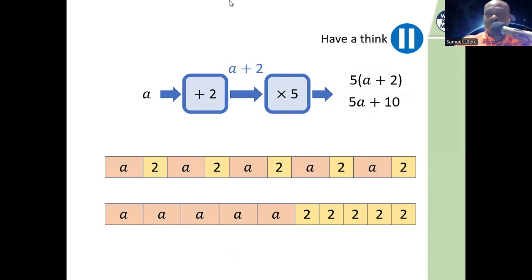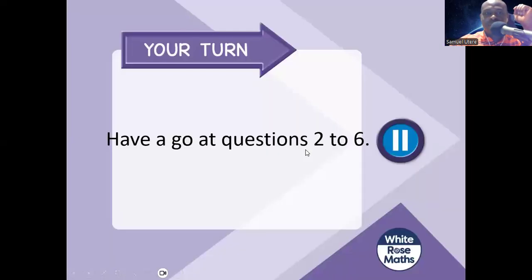All right, let's move on. So, what we've learned so far is just as we were able to use blocks as inputs to two-step function machines, we can use letters as inputs to the two-step function machines, but we just need to stick to the rules of algebra which we already know.